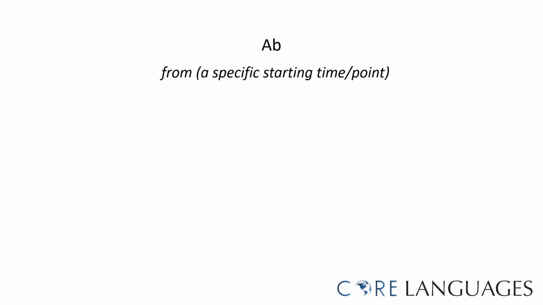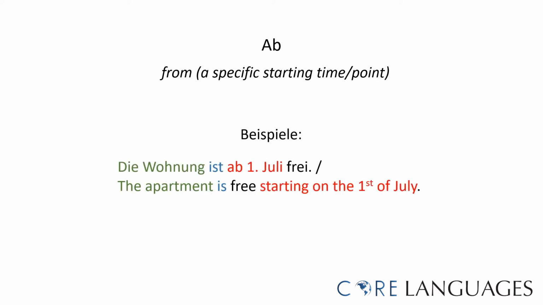The preposition ab, from or from when onwards or starting when, is used to talk about a specific starting time or point. Zum Beispiel, die Wohnung ist ab 1. Juli frei. The apartment is free or available starting on the 1st of July or from July 1st onwards.